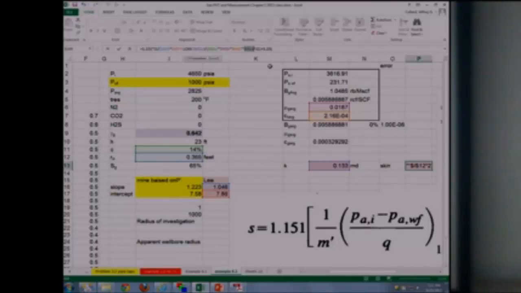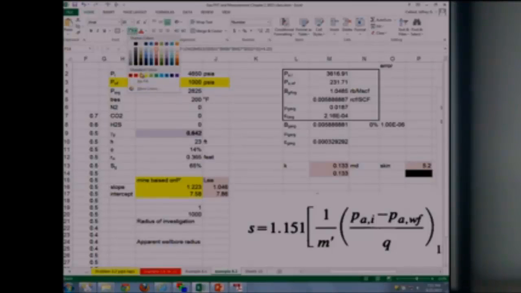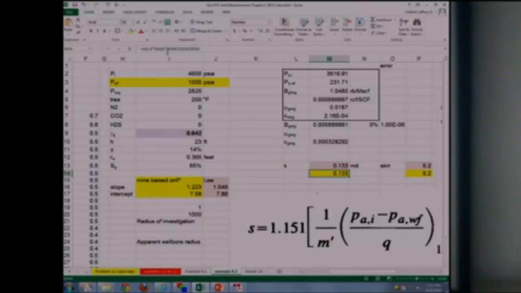Very different numbers on this analysis, but I'm just kind of showing. I'm now going to get my numbers by changing which ones I grab. Instead of grabbing 1.046, I'm going to grab that.